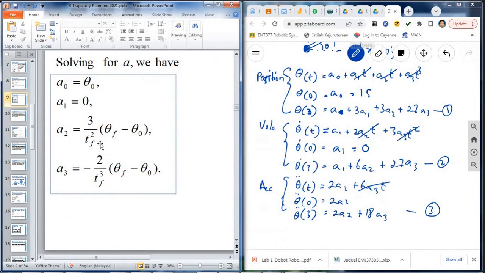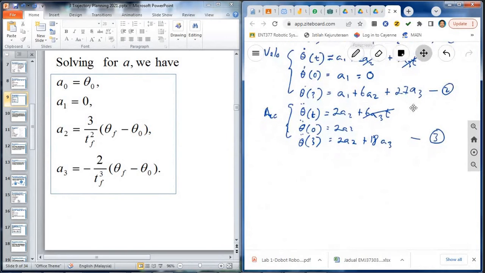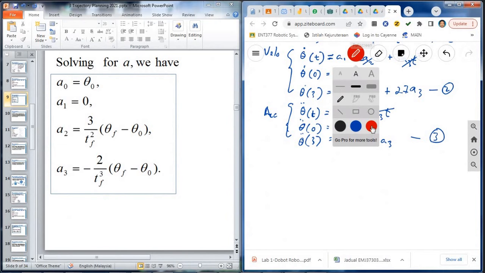This one is the simplified formula to find A2, because A1 you already get here, and A0 you already get.